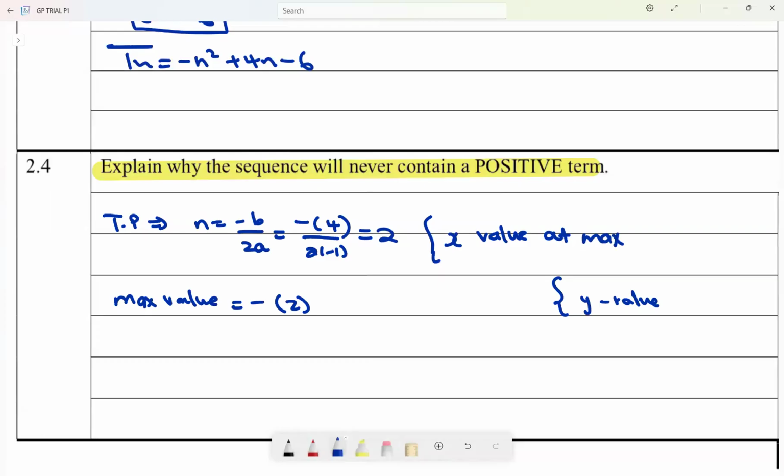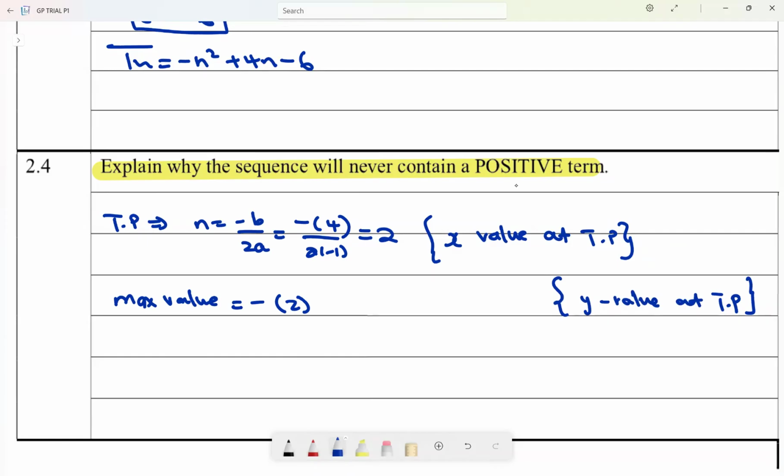What I'm calculating is the y value at the turning point. If I can show that the y value at the turning point is not positive, then all the numbers that are going to follow will never be positive.